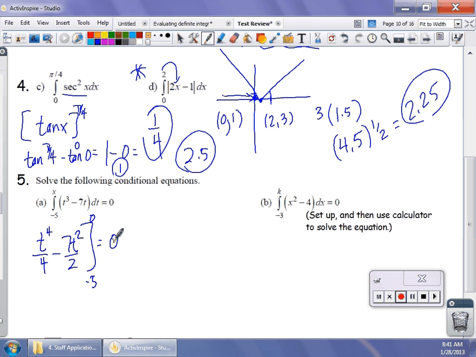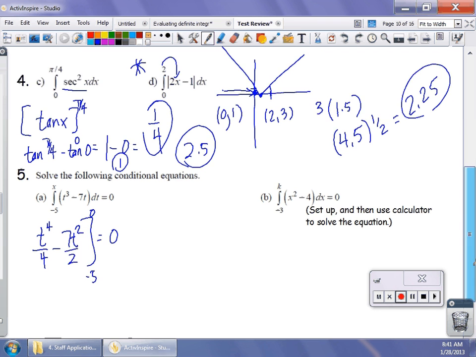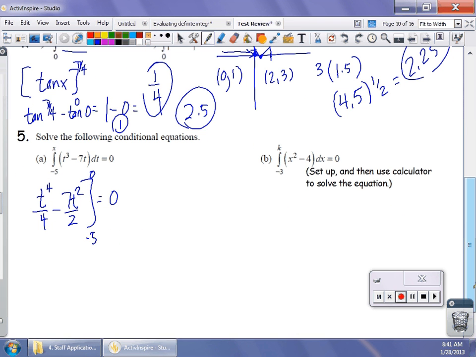So when I substitute 0 in, I'll get, let's move this down. So upper bound substituted, I get 0 minus lower bound gives me 5 to the 4th is 625 over 4 minus -5 is 25 times 7, so that would be 175 over 2.